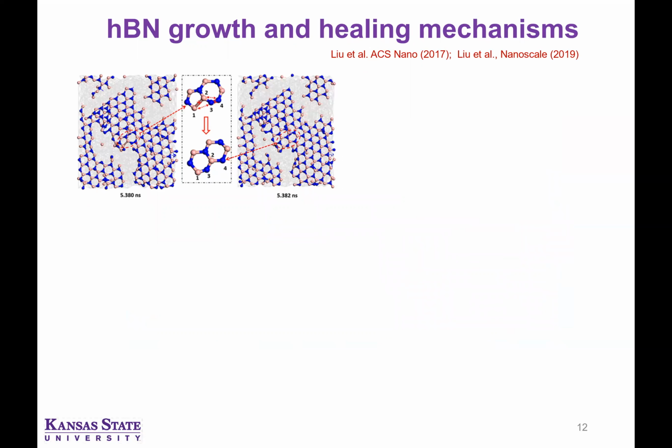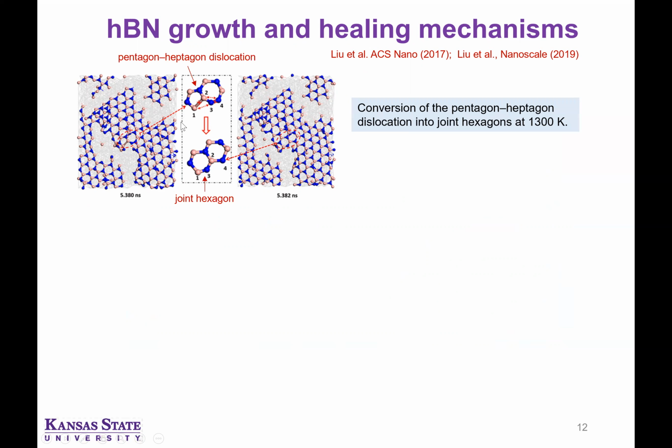We also investigated the formation of defective structures and the healing of the hBN domain as well. In one simulation, we actually observed the formation of a pentagon-heptagon dislocation. It turns out this is a metastable structure and quickly evolves into a joined hexagon structure.